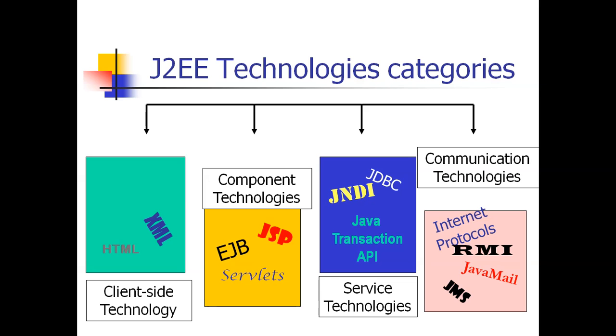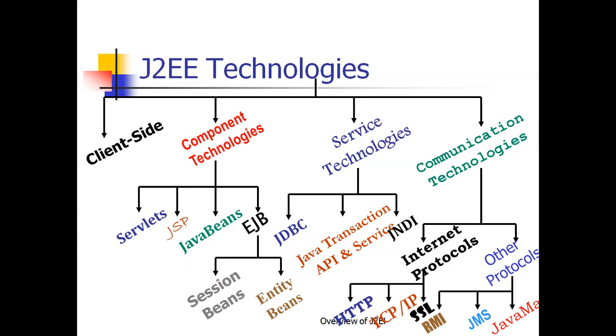So as per the requirement, we require different applications with different software, and these are divided into four categories: client technology, component technology, service technology, and communication technology. So this whole combined is called the Java 2 technology category.